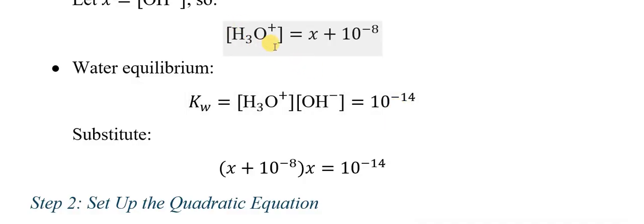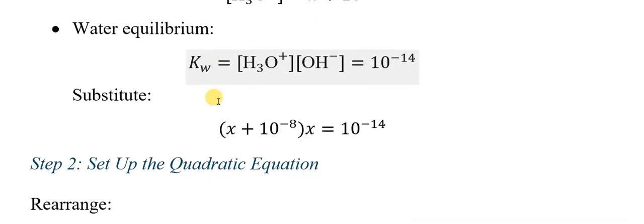If we put the value of hydronium ion, X plus 10 to the power minus 8, in this equation for Kw, the equation would be (X plus 10 to the power minus 8) times X is equal to 10 to the power minus 14.